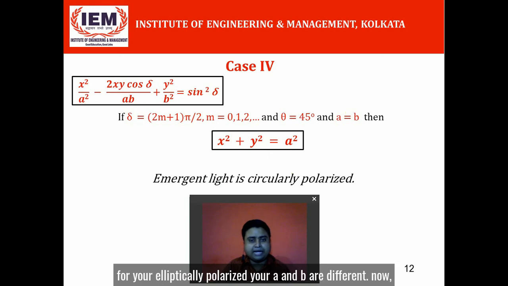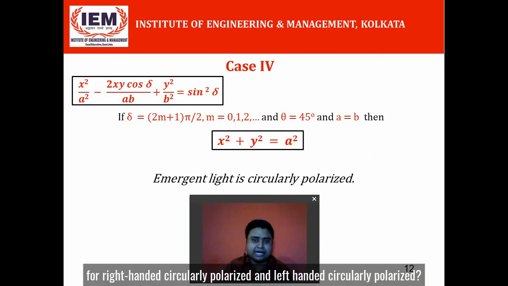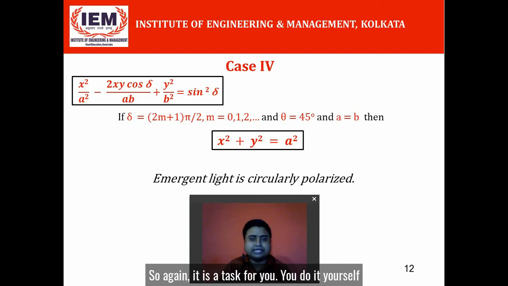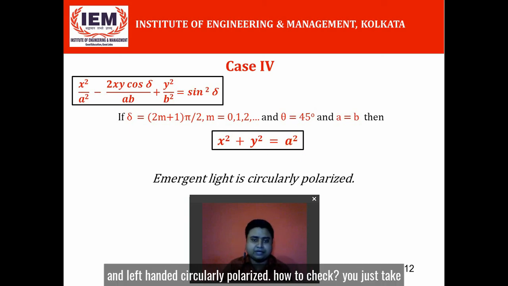For elliptically polarized light, a and b are different. Now your a and b are equal. So it is circularly polarized light. And you can check yourself what the conditions will be for right-handed circularly polarized and left-handed circularly polarized light. So again, it is a task for you. You do it yourself and check the conditions for right-handed and left-handed circularly polarized light.